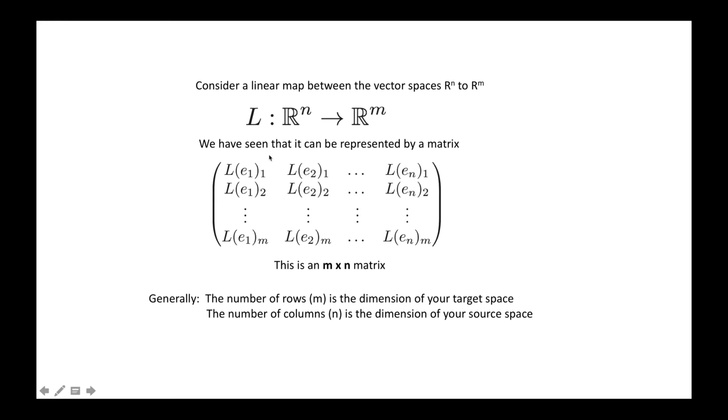We've seen that it can be represented by this matrix. And in fact, this is an m by n matrix. So generally, the number of rows in your matrix is the dimension of your target space, or the space where your output lives, Rm. See, this is dimension m, and we have m rows. And then the number of columns is the dimension of our source space, Rn. So we have n columns.